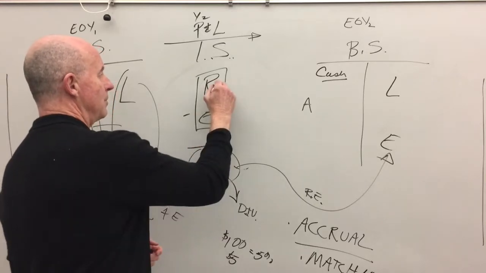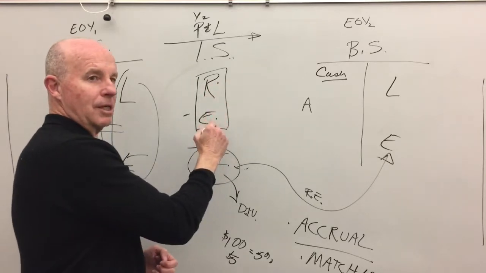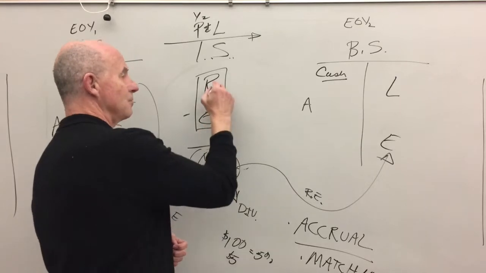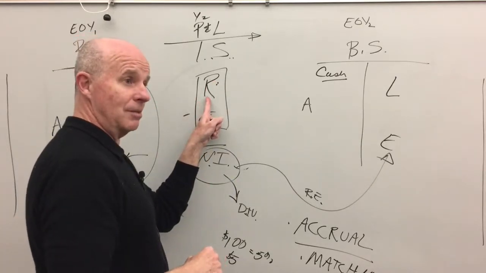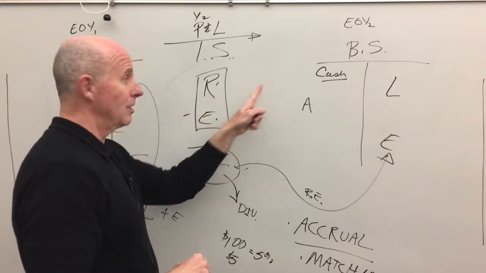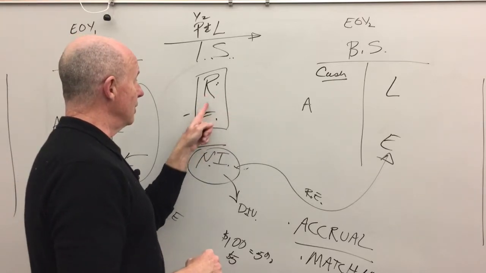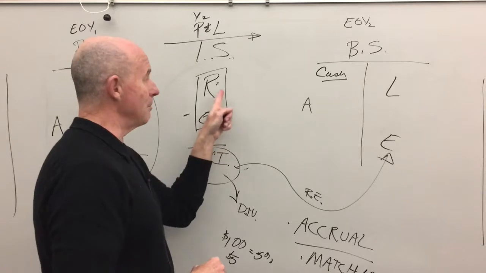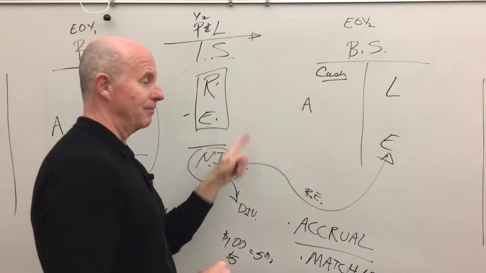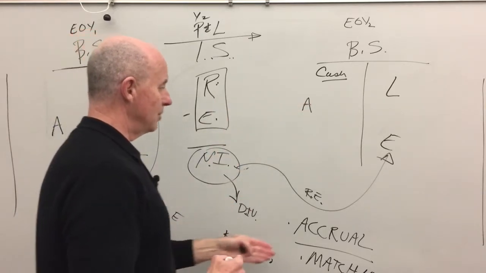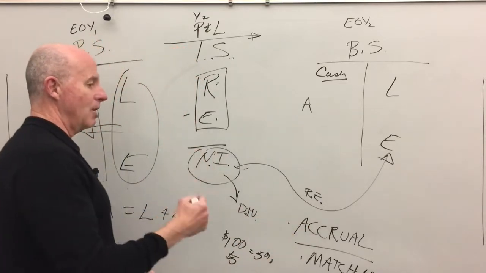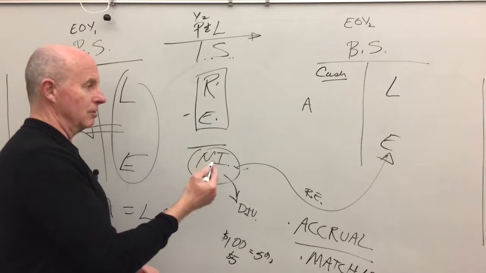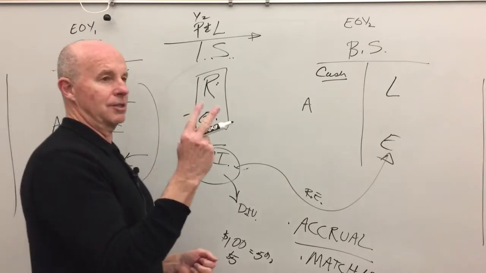So when a sale happens, we want to book an expense at the same time. When an expense happens, we want to book that revenue at the same time. Even if the money hasn't come in yet, but it's going to come in later, or the expense has happened, but we haven't paid it yet out of our cash, right? So that's the matching principle, and that is what accrual is about. And that part of accrual, the income statement part of accrual, there's 2 accounts that it generates, right?